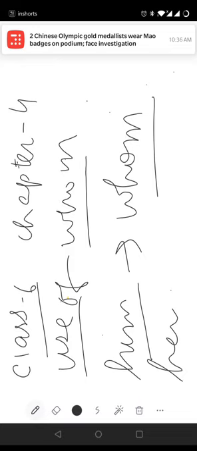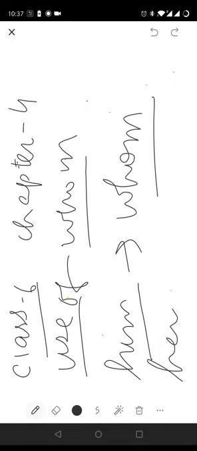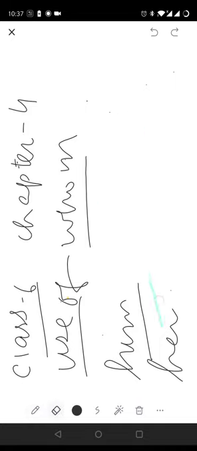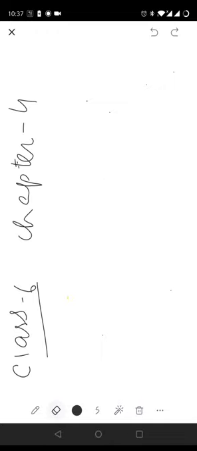In the second sentence, whom is used for a woman. The woman whom you helped is a social worker. Here whom is used for a woman. Somebody has helped this woman and this woman is a social worker.